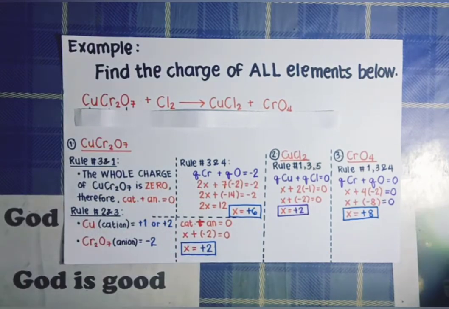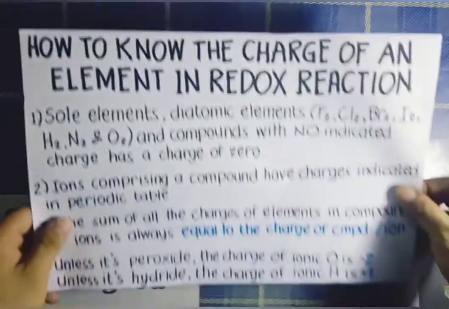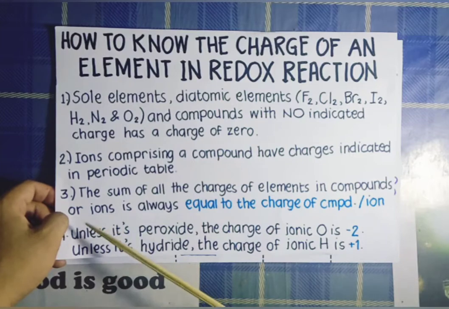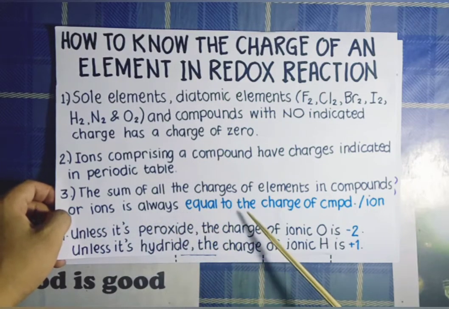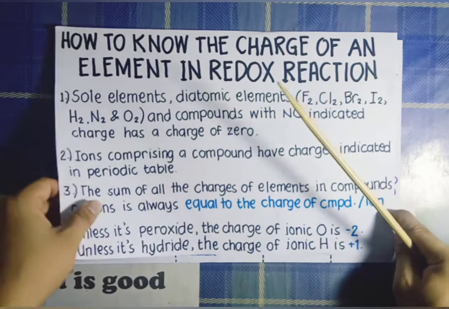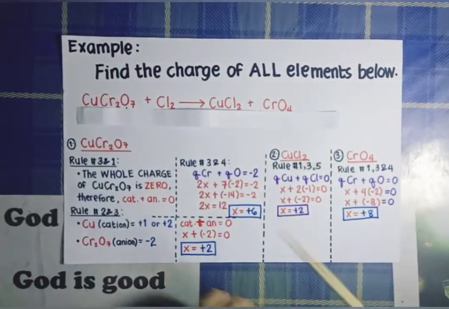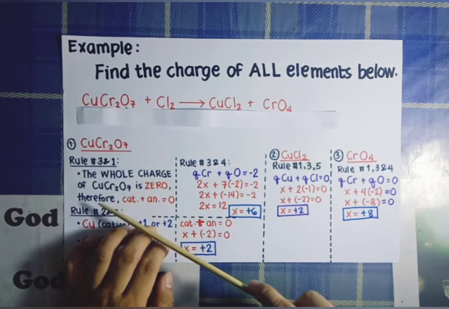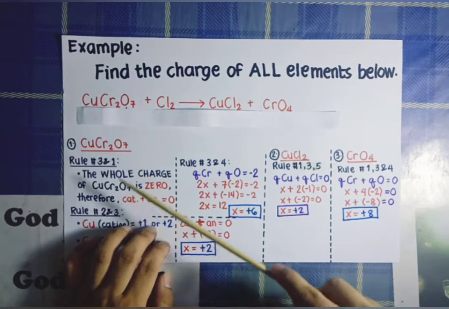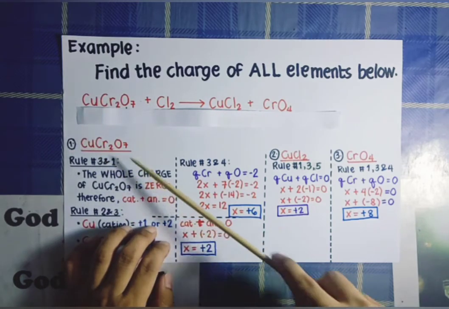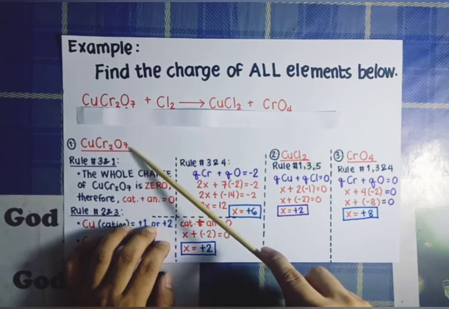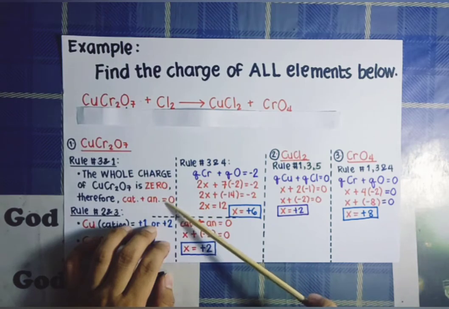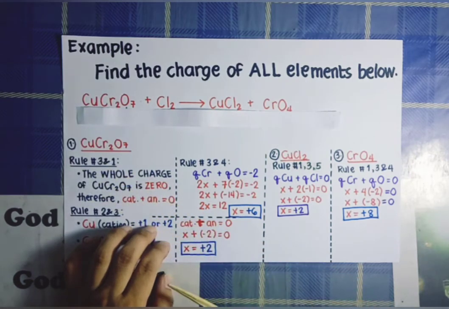And using rule number 3, the sum of all the charges of elements in compounds or ions is always equal to the charge of compound or ion. In this case, the charge of the whole compound is 0, and therefore our formula here is cation, copper, plus anion, the dichromate anion, is equal to 0. That is according to rule number 3.